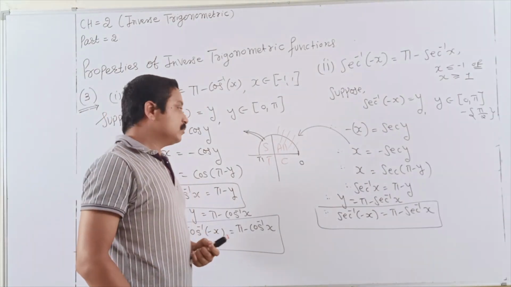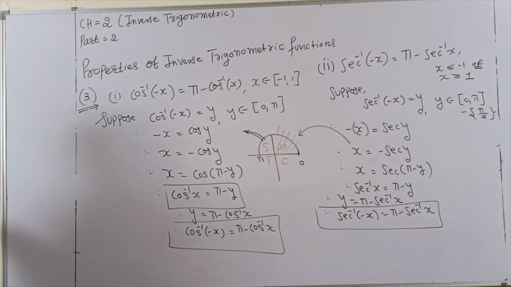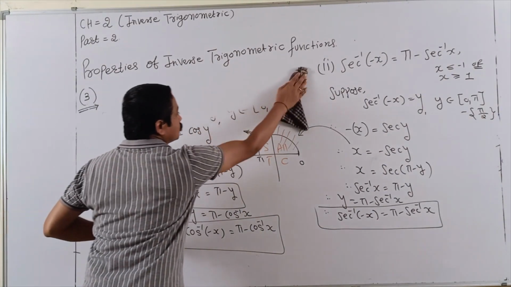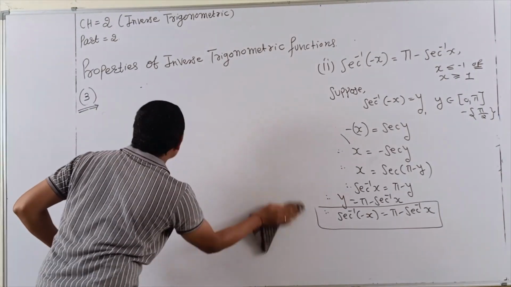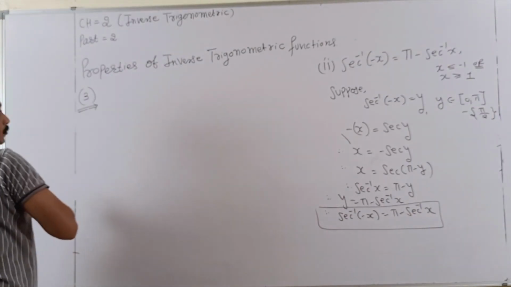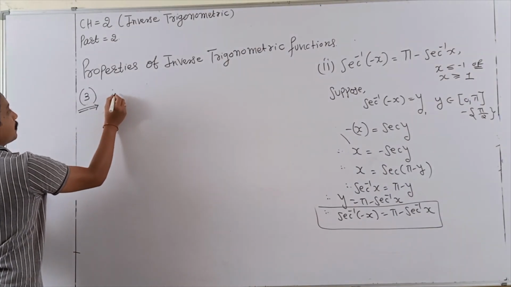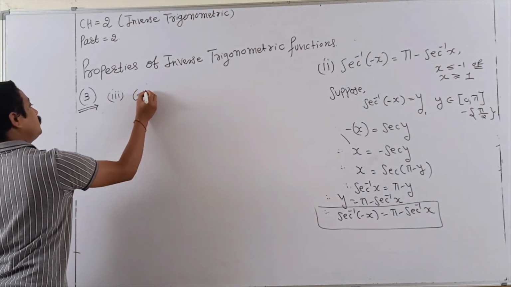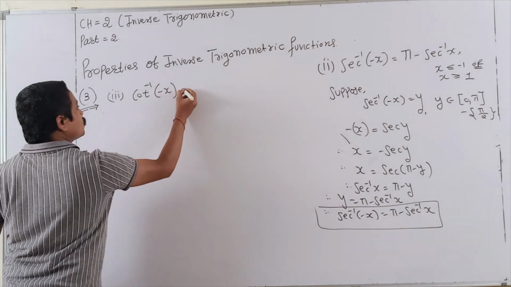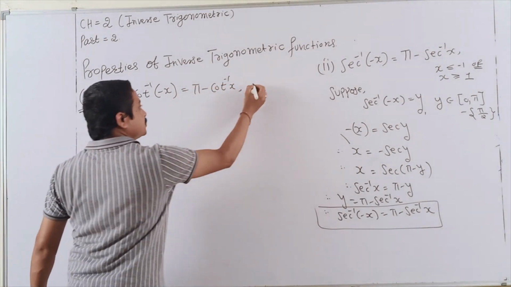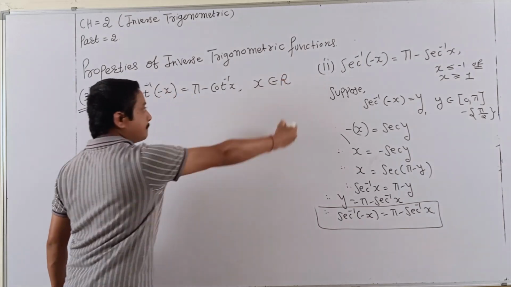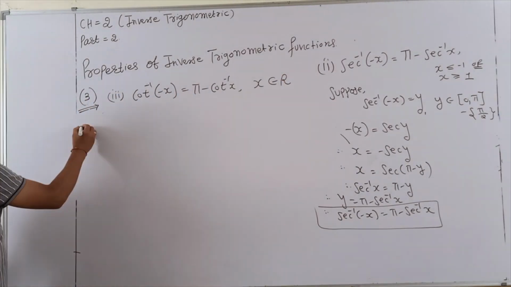Same, I am going to property third one. Third property: cot inverse minus x is pi minus cot inverse x, for the condition x belongs to R. So the same solution.